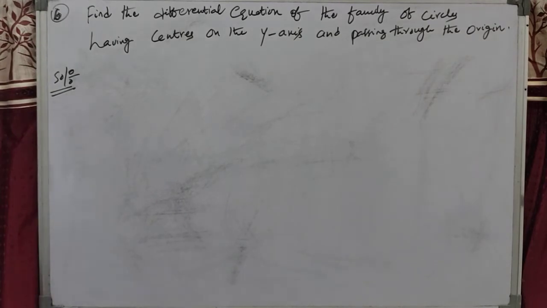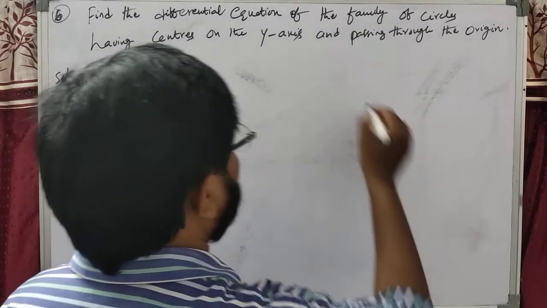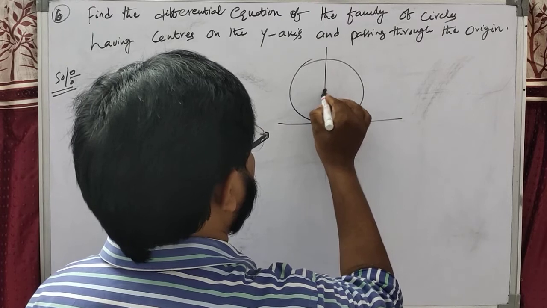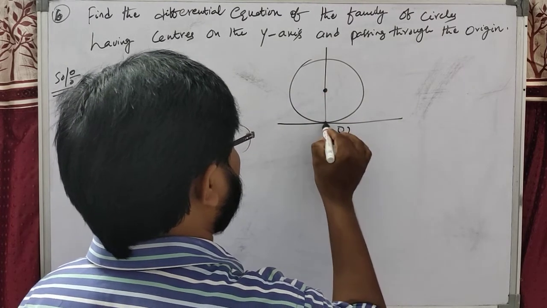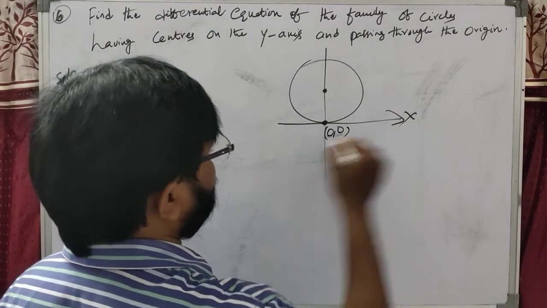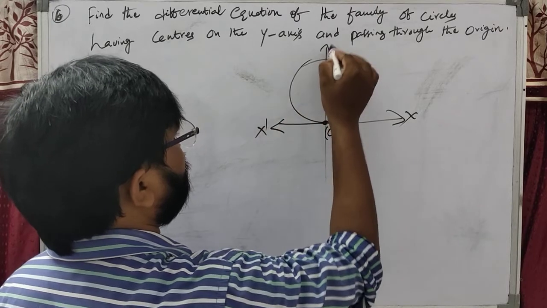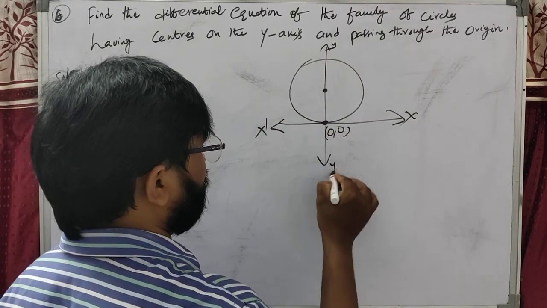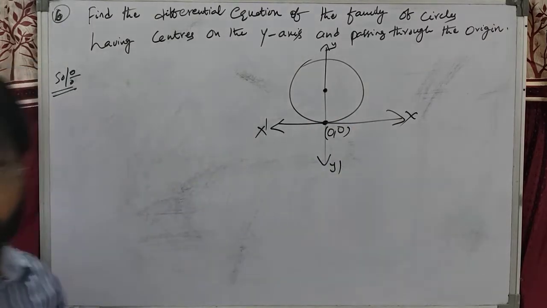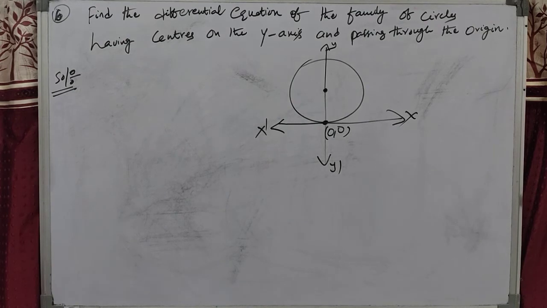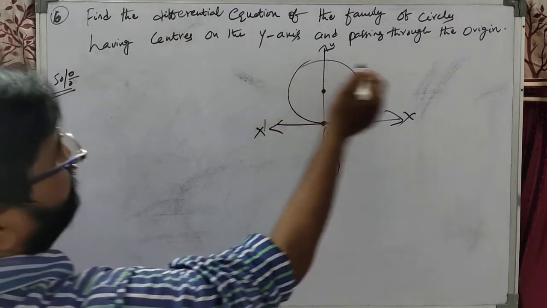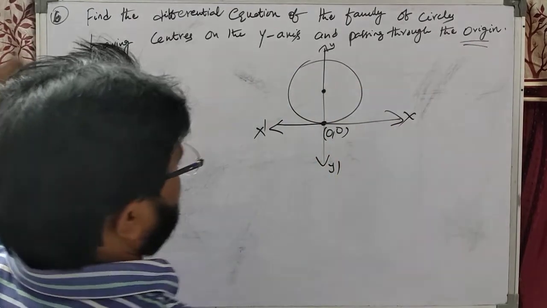The differential equation of the circles passing through the origin with the center on the y-axis. This is the center, and the circle is passing through the origin, with the x-axis and the y-axis as shown.